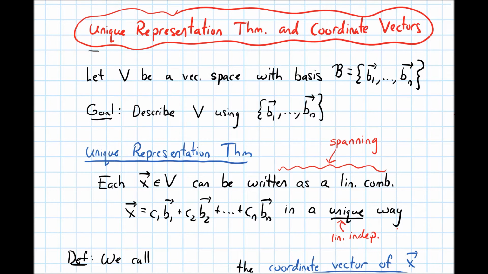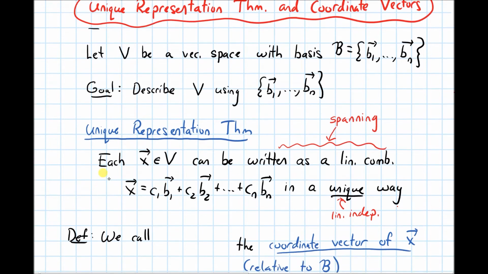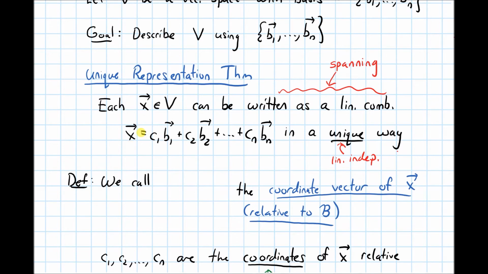Okay, so now I want to introduce some notation and define a term. These weights, c1, c2, all the way up until cn, if we write them as a vector, c1, c2, up until cn, this is called the coordinate vector of x relative to my basis B. The notation for this is I put the vector x in a bracket, and as a subscript I write B, my basis.